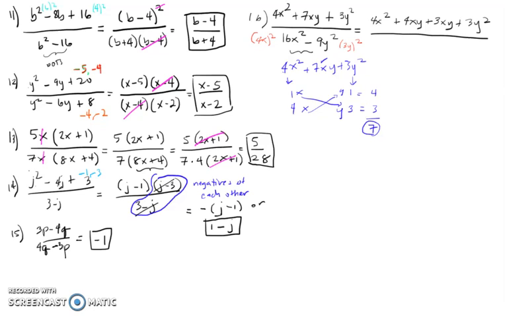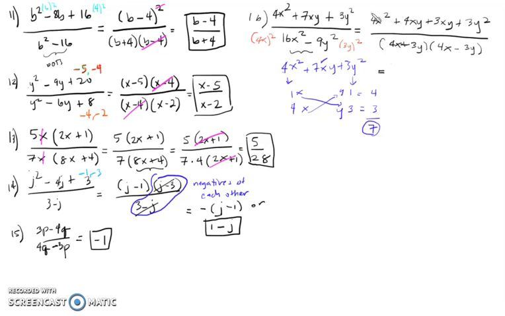So this is a difference of squares expression, which would give us 4x plus 3y times 4x minus 3y.